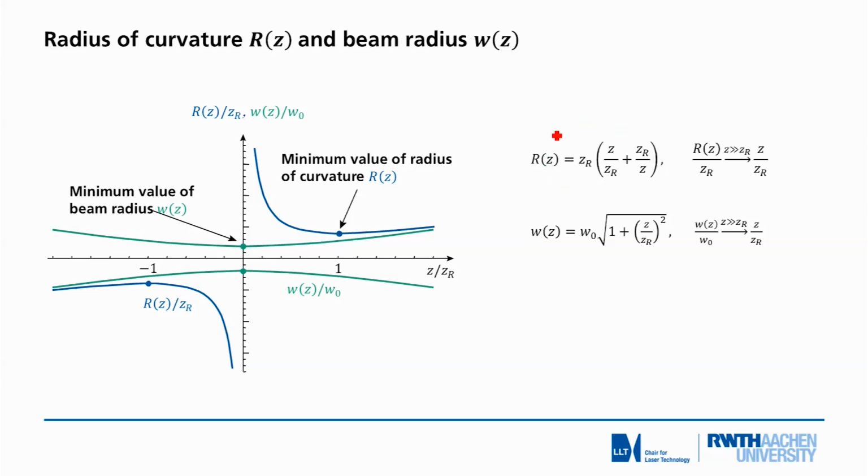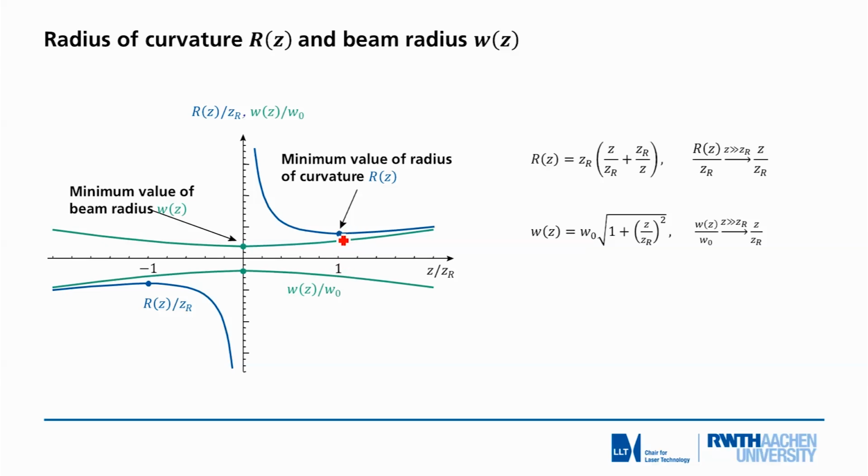Now this is an illustration of what happens to the radii of the phase fronts. You remember maybe this formula here we had in the characteristics before. If you look at the behavior of the radii of the wavefronts, this is the capital R value, it diverges at the point of symmetry because there the radius is infinite, because it's simply parallel, it's linear, and then it decreases and comes to a minimum right at the point of the Rayleigh length. That's normalized here to the Rayleigh length, this coordinate, so at 1, z equals zR.